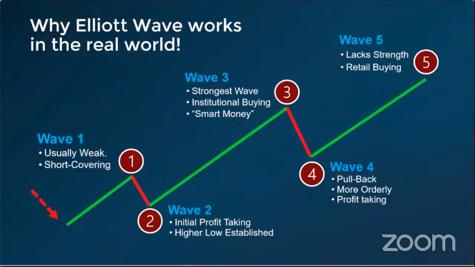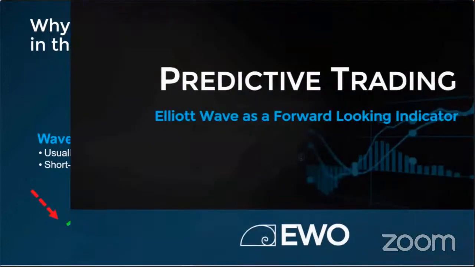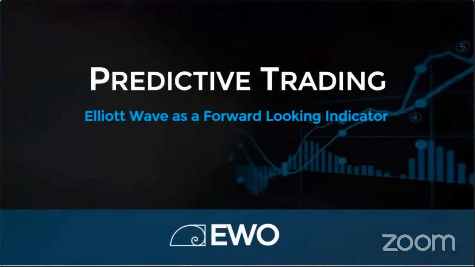It happens over and over, time after time. So an important concept to focus on is the fact that when that wave 5 ends, we're due for another change in direction. That's when the corrective move usually happens following the wave 5. Commit that concept to memory, because I'm going to show you some examples here in a few minutes. All right, now let's get into the predictive part.